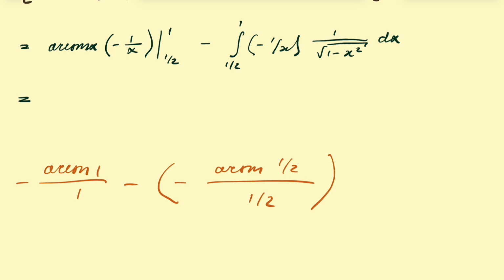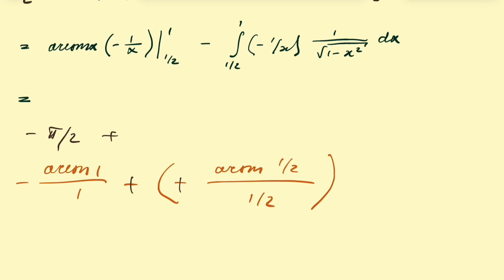This itself is equal to arcsin of 1, which is pi over 2, with a minus, then these two minuses turn into plus, and we have plus arcsin of 1/2.